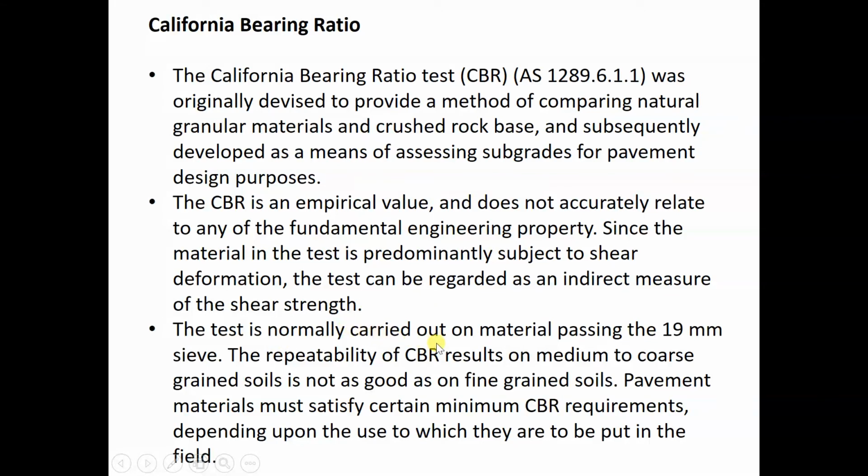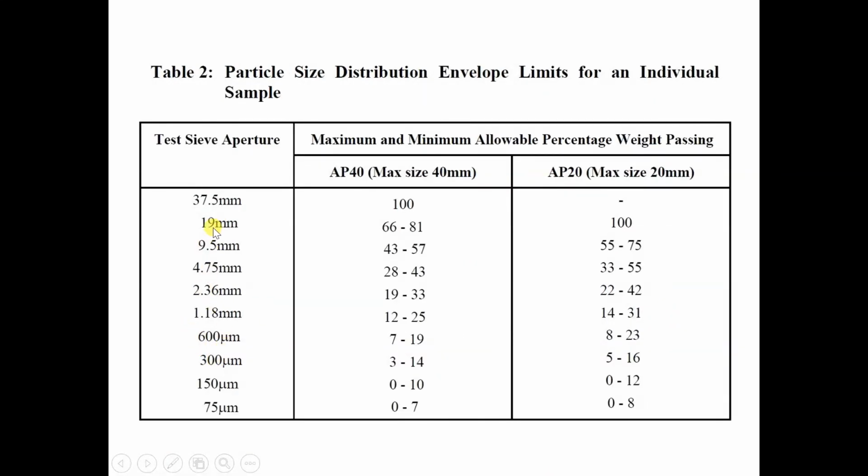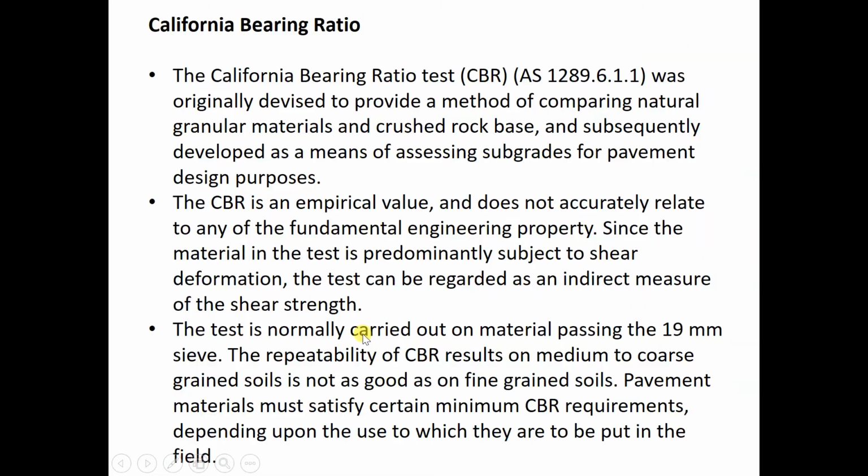The test is normally carried out on material passing the 19 mm sieve. So we choose the material passing through this 19 mm sieve, and then we use that as the sample for testing.